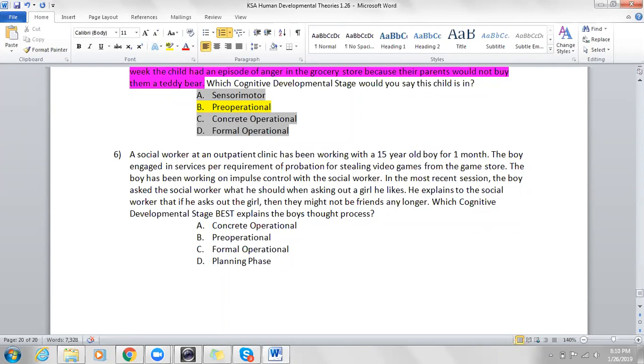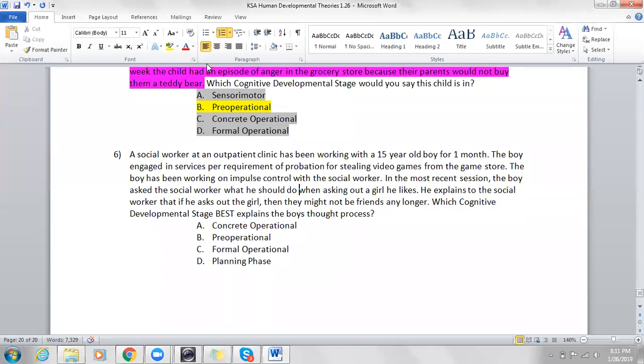In the most recent session, the boy asked the social worker what he should do when asking out a girl he likes. He explains to the social worker that if he asks out the girl, then they might not be friends anymore. Which cognitive developmental stage best explains the boy's thought process? Concrete operational, pre-operational, formal operational, or planning phase?